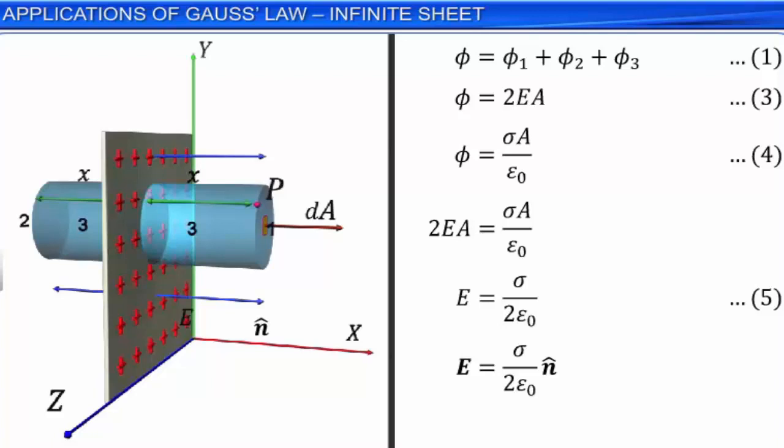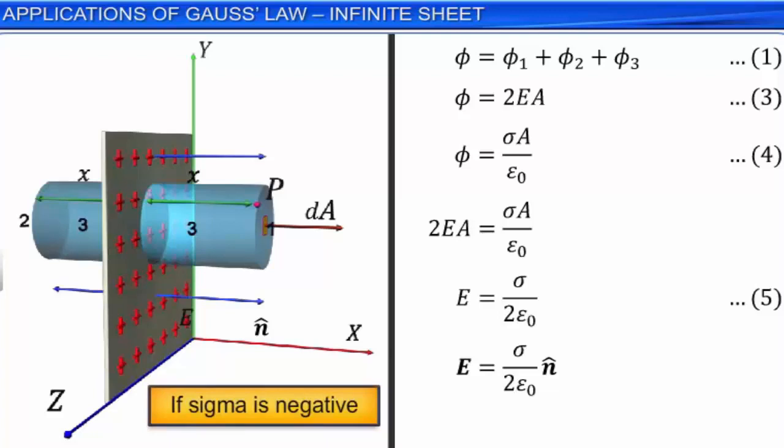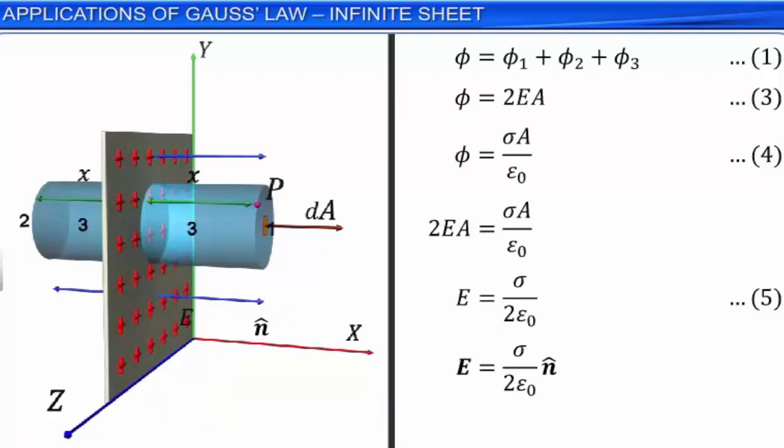If sigma is negative, then n cap will point towards the sheet of charge, and if sigma is positive, then n cap will point away from the sheet of charge. Thus, for an infinite large planar sheet of charge, the expression for E, as given by equation 5, is approximately true in the middle regions of the planar sheet, away from the ends.